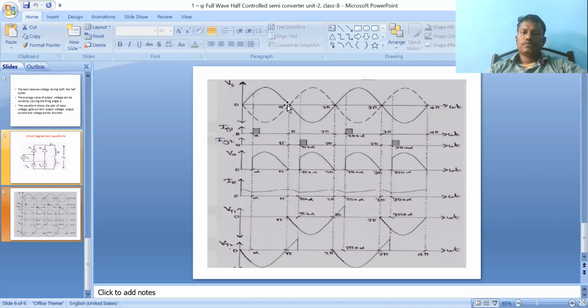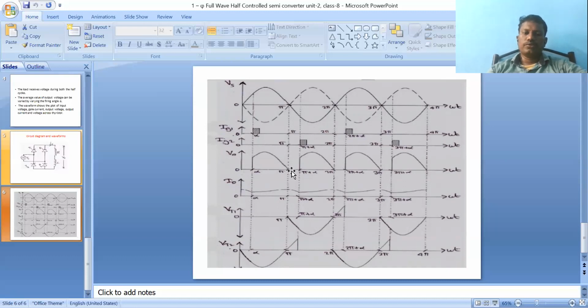At the end of the first half cycle, T1 turns off, but due to the presence of inductance, the inductor energy is transferred directly through the diode D2 only.